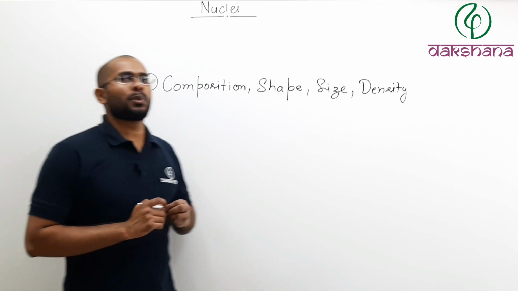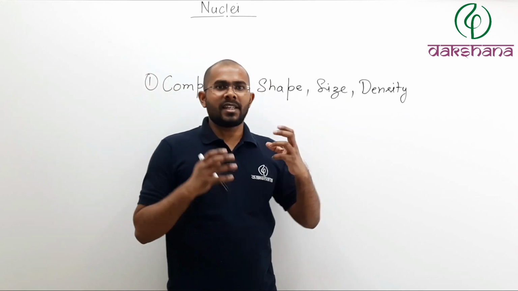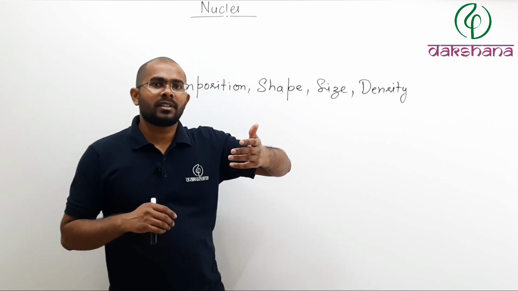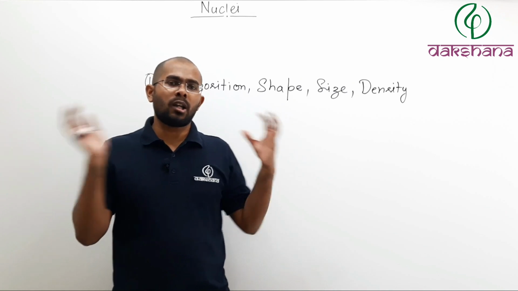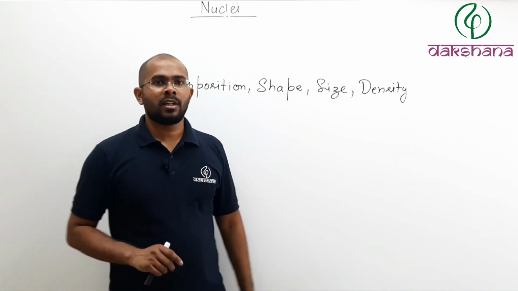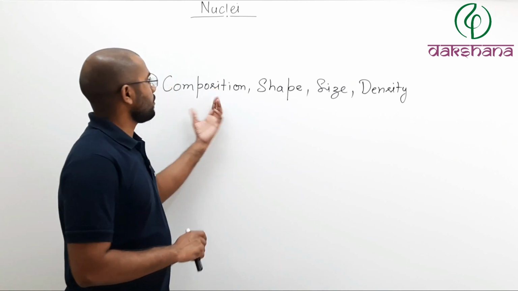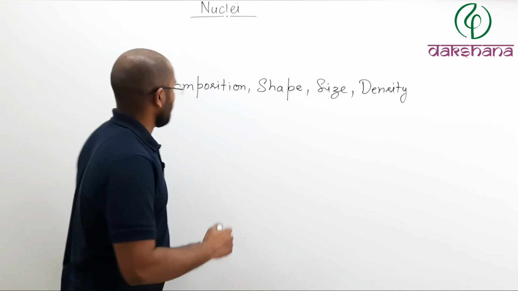Remember, according to Rutherford, it is a very tiny particle, almost 10 to the power 5 times smaller than the atom, and it has almost all of the mass of the atom. So this must be very dense. So the first topic will cover composition, shape, size and density of our nucleus.